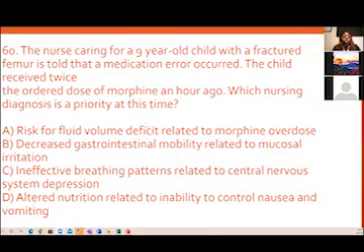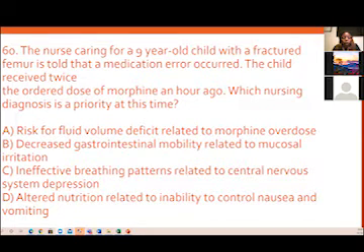So this question reads: the nurse caring for a 9-year-old child with a fractured femur is told that a medication error occurred. The child received twice the ordered dose of morphine an hour ago. Which nursing diagnosis is a priority at this time?